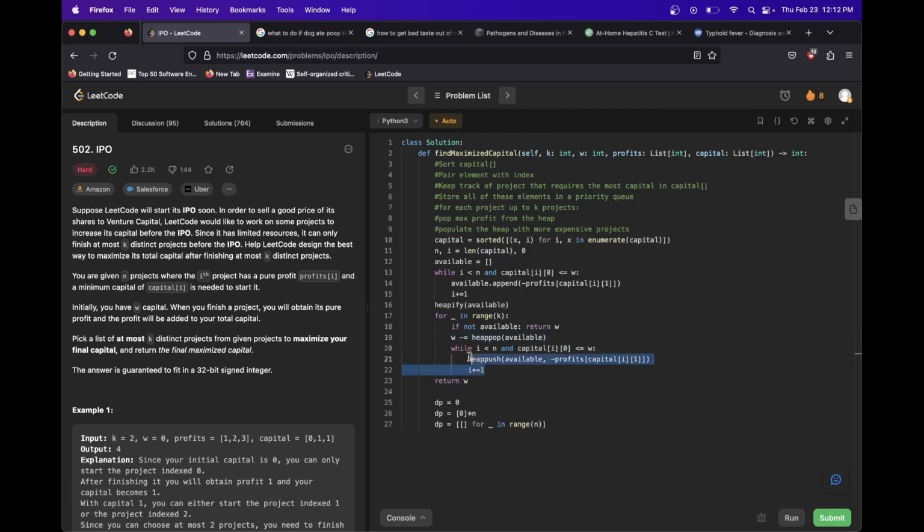And I bring that up not only because that's useful nomenclature, but also because that's the crux of a greedy solution: what's the choice that you're always making that's always optimal? And it's pretty much this right here.